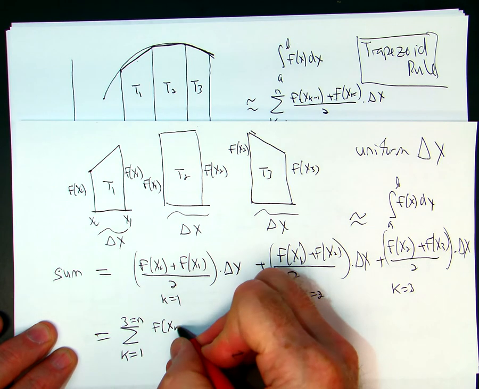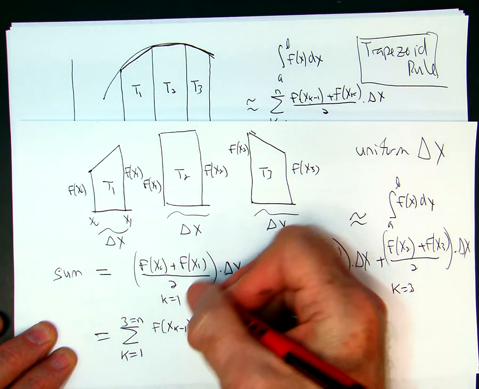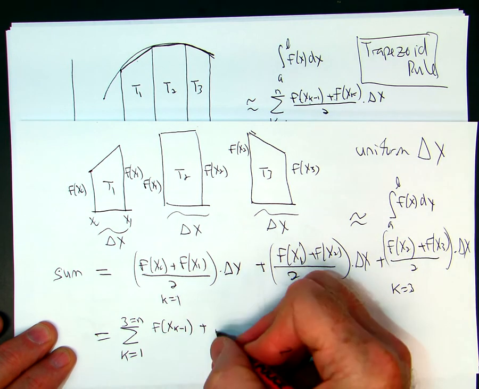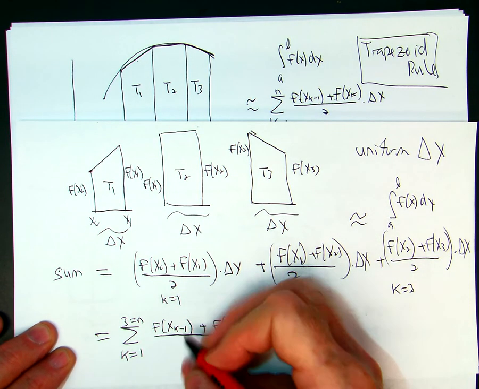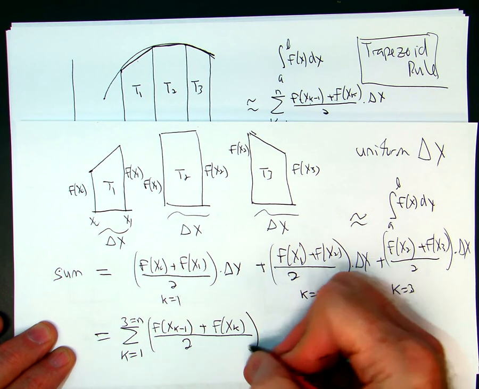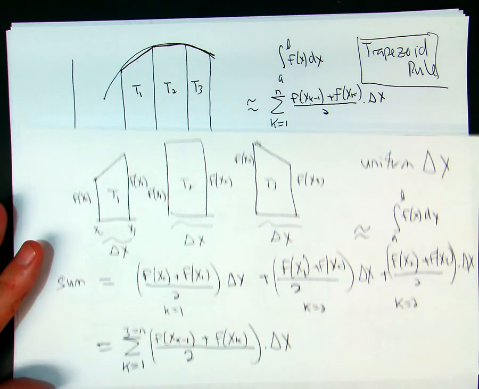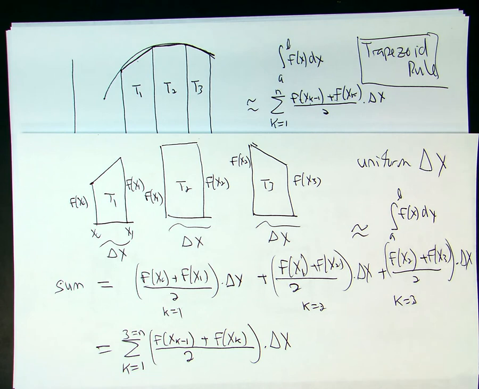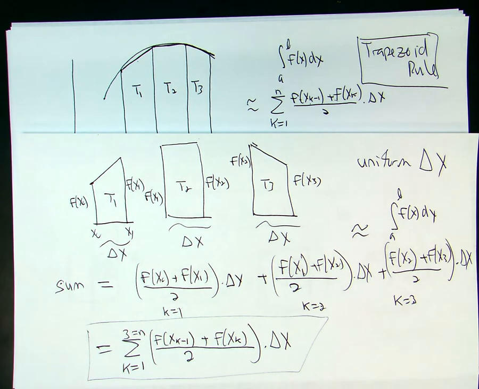So f of x_{k-1} plus f of x_k, divided by 2, average height times the width. Well, that's exactly that formula. So I'm going to work with this for a little bit, show you a couple different ways to write it, and then we'll do an example.